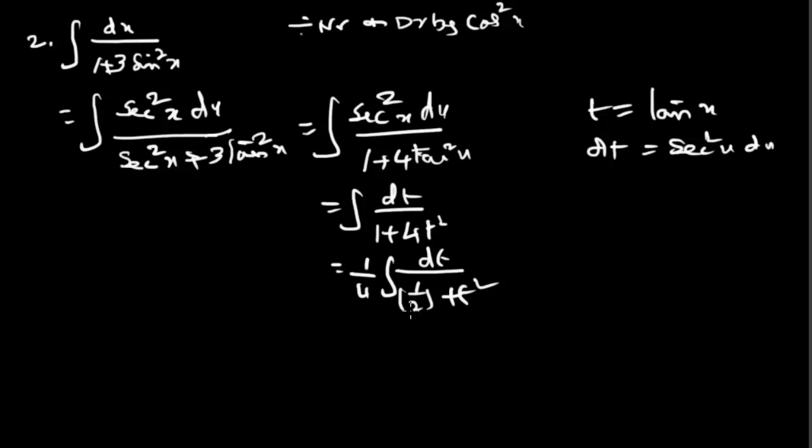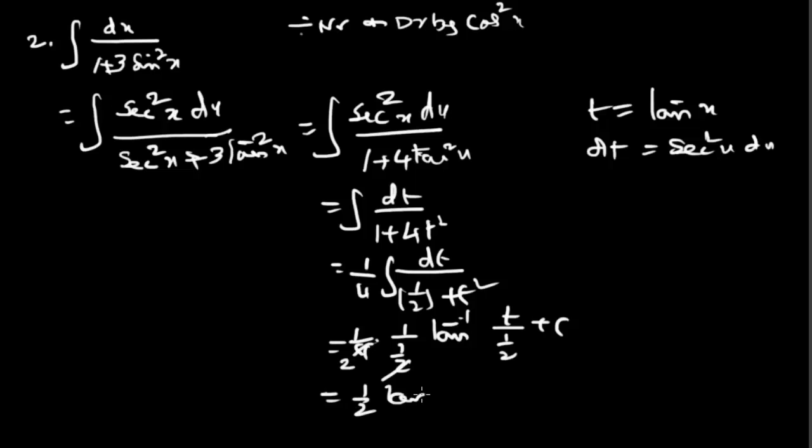Once again it comes to the first type of problem. That is 1 by 4 into 1 by a, 1 by 2, into tan inverse t by half plus c. Here this 2 cancels with this 4, leaving behind 2. So totally you get 1 by 2 tan inverse, t value is tan x by 2, and this 2 goes up to the numerator. 2 tan inverse 2 tan x, and then plus c.